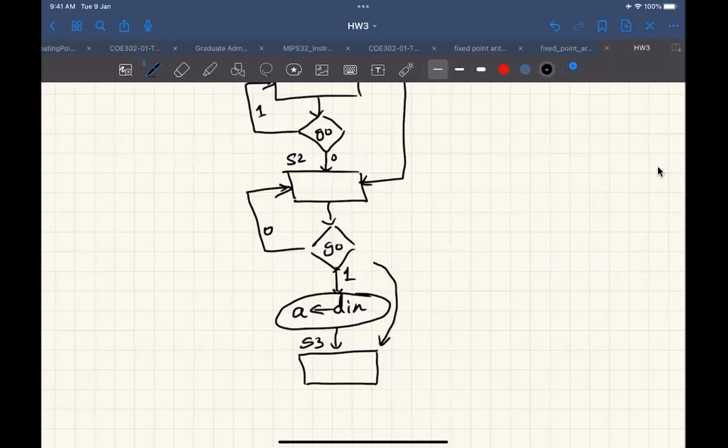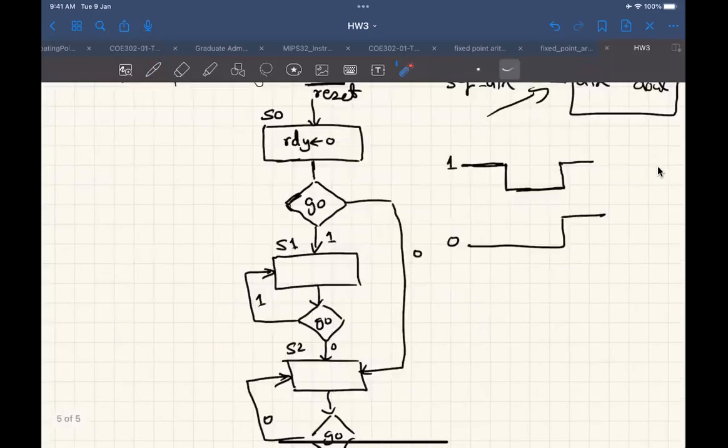So there is no way for go to be 0 when you enter this state, unless it changes in a super fast manner. And in this case, you may have a metastable condition, which is not allowed. Okay, so the default behavior is that go is going to be 1 for the next state. All right, so you are expecting this scenario.